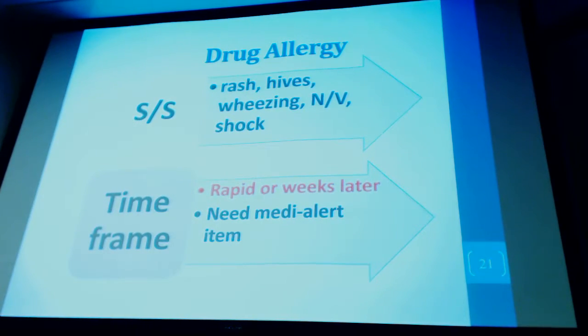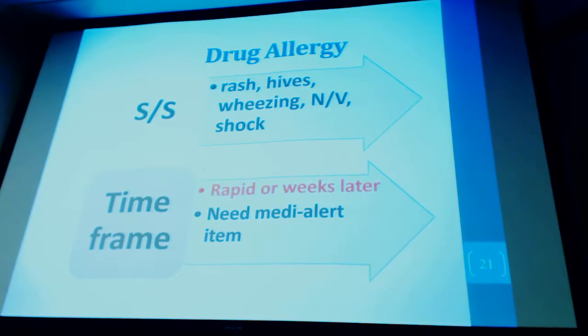So, somebody can take penicillin when they're 15 years old. We put that chemical in their body. No reaction. They go in for surgery when they're 35. We give them penicillin. The very first time you infuse that penicillin, they go into shock.